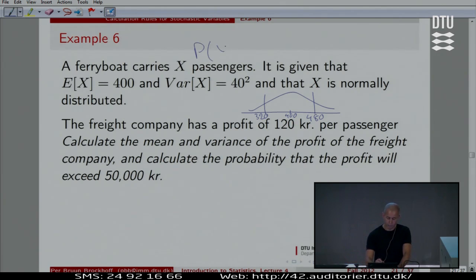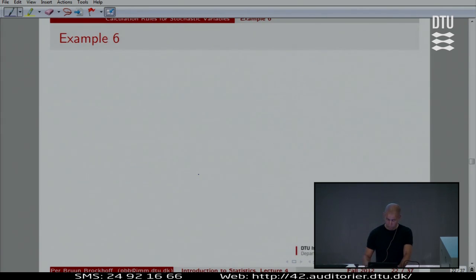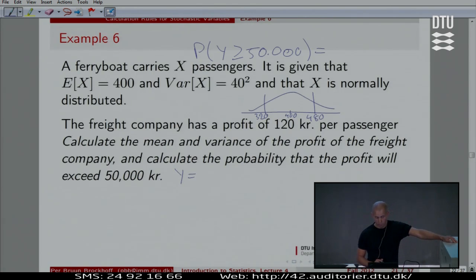We need to find the probability that y exceeds 50,000. The question is, what is y?